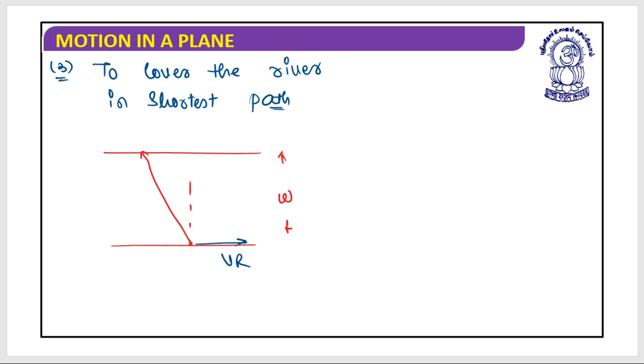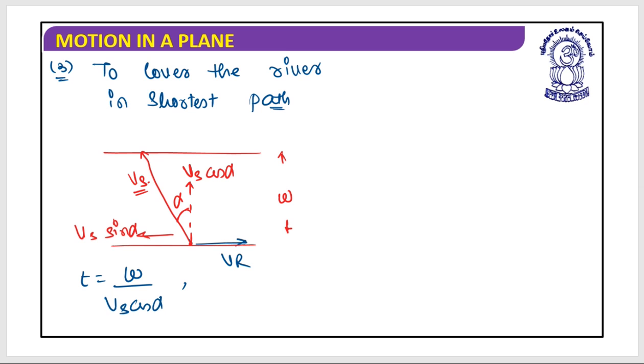If I take this as a reference, this is alpha. This is velocity of swimmer or velocity of boat. So this is Vs cos alpha. This must be the Vs sin alpha. So time to cross the river, T is equals to W by Vs cos alpha.